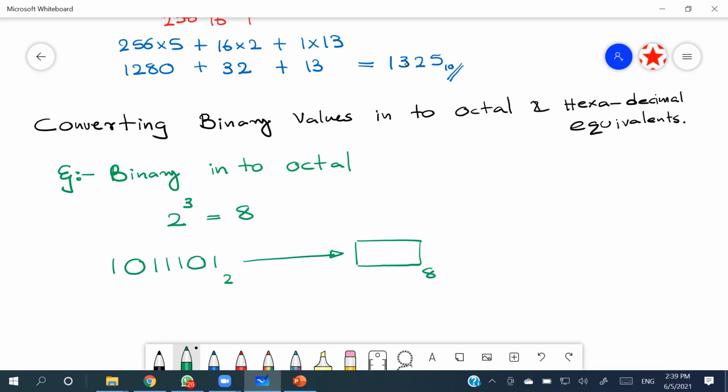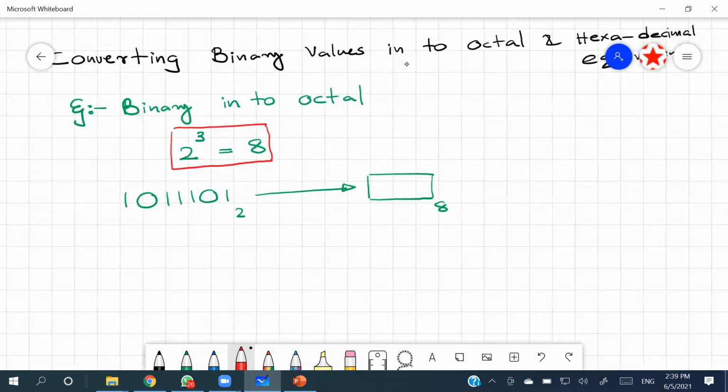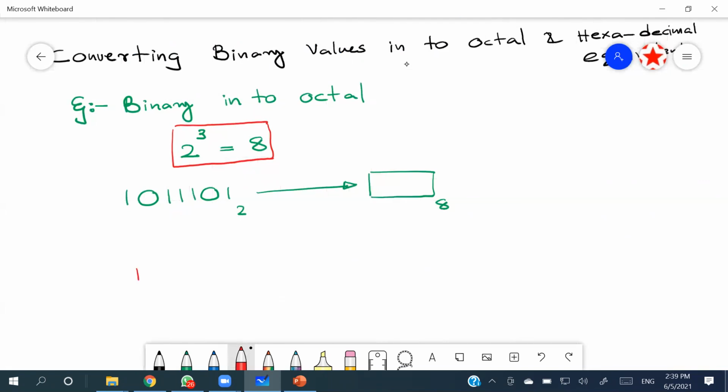So what we are doing is, since 2 to the power 3 equals 8, we are taking our binary value, and we start from our right hand side and move to the left hand side, dividing this number into groups of 3 characters.